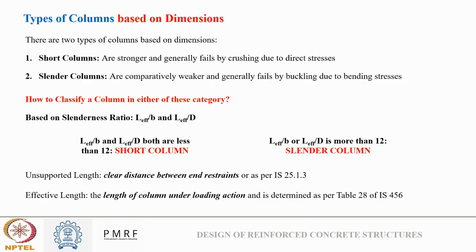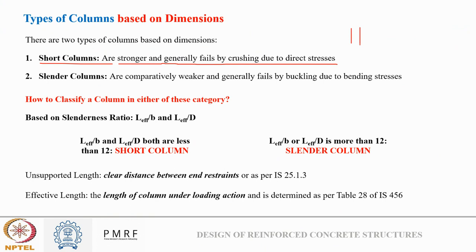Now, based on the dimension, columns can be classified into two categories: short columns and long columns. Short columns are generally stronger and they fail by crushing due to direct stresses.